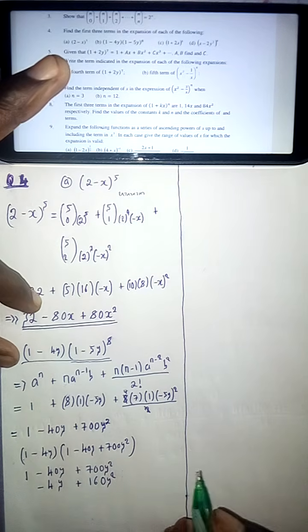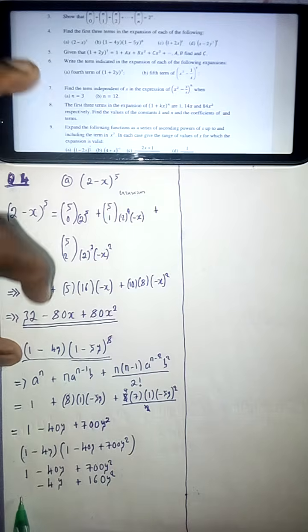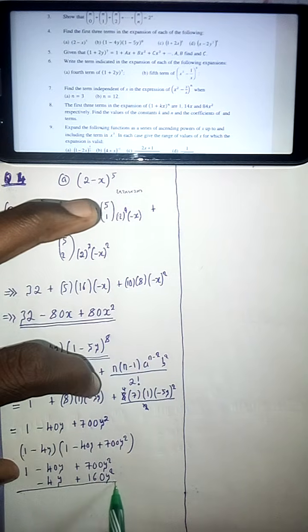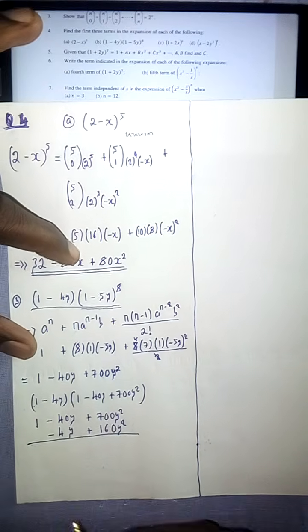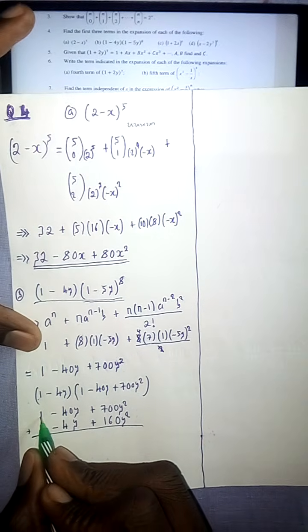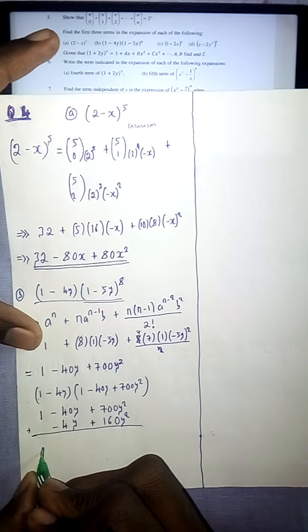Therefore, I'm now going to add. So 1 plus 0 is 1.